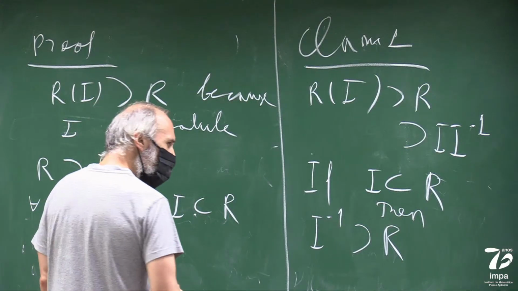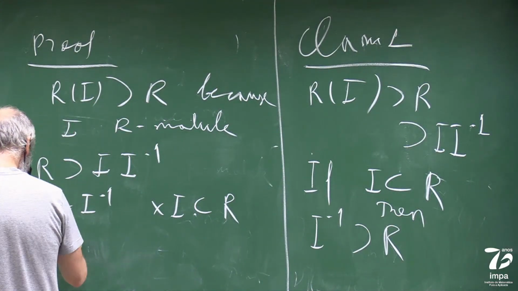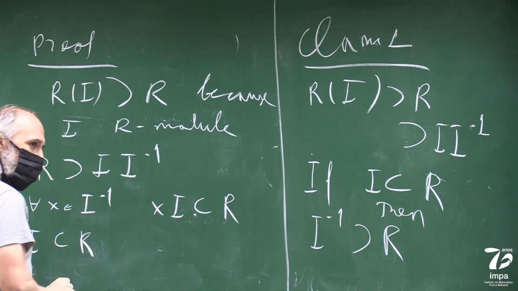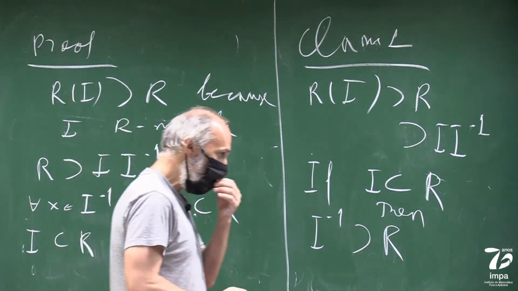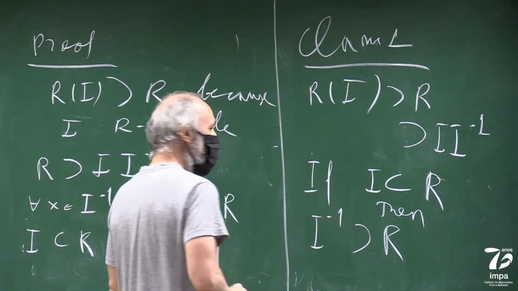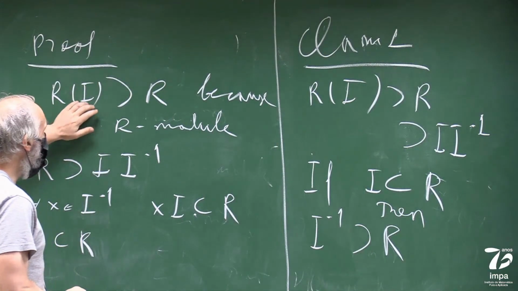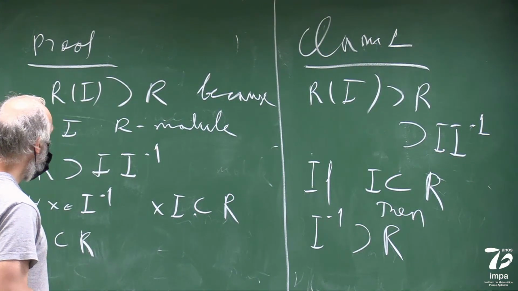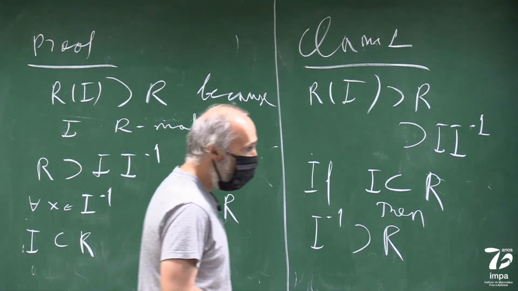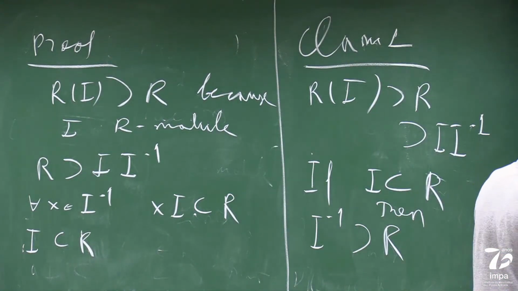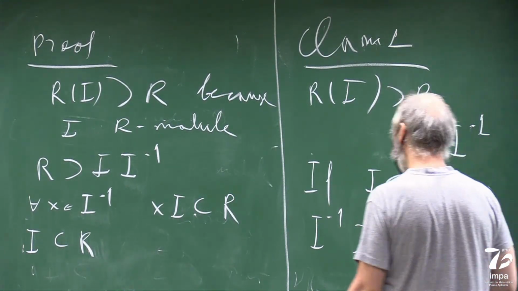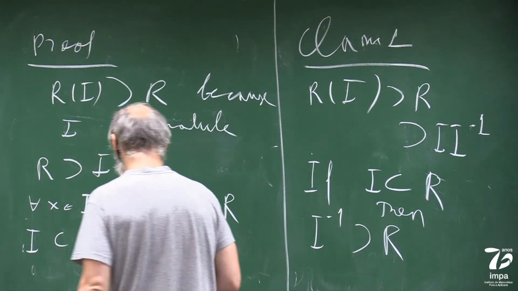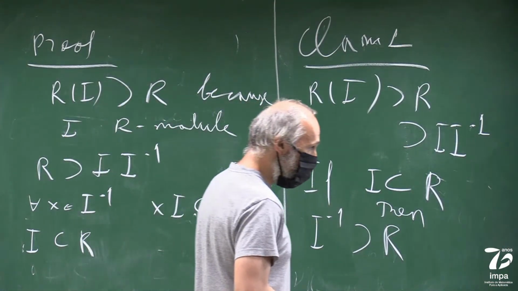And the second claim, if you have I inside R, so I just finished proving that we have this first chain of embeddings, which is almost trivial. Now this is the second embedding.